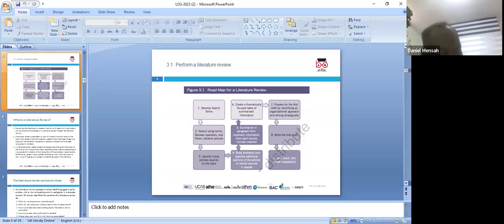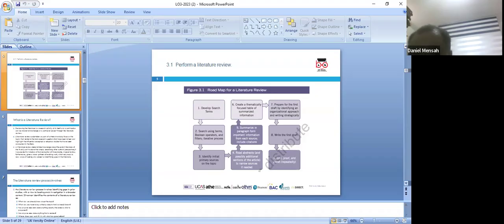Then you read abstracts. When we say abstracts, they are normally the summary part of the initial writing of a project. You can have an abstract that gives an overview of the introduction of your project work. Okay, so you can read abstracts and possibly additional sections of articles to narrow your sources if needed.